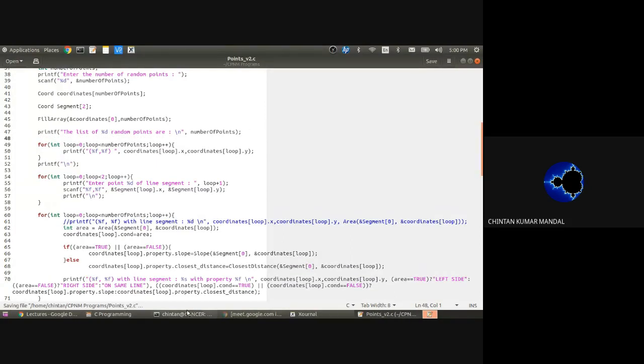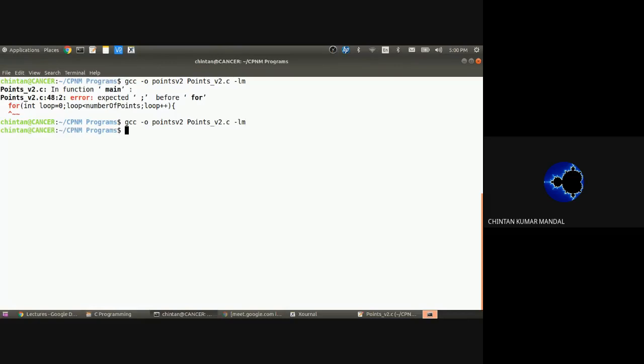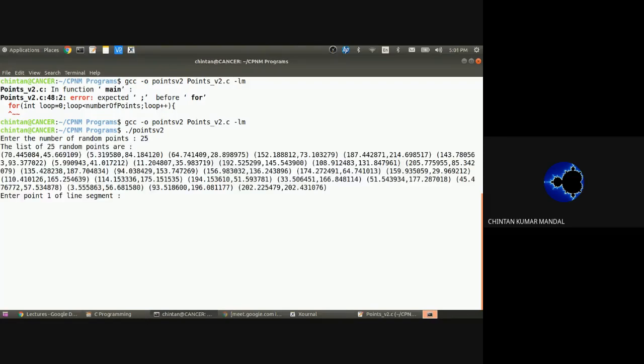Okay, so points 2. So they enter the number of points, so let's say 25, right? So we are there 25, so enter number point of segment is basically 0, 0, and this is 25, 25.